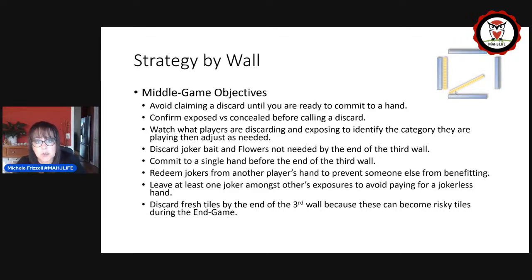So the timing is critical when it comes to fresh tiles. You've got to be able to switch your thinking, because those fresh tiles are going to be very risky to discard in the end game, which is the last wall. So do your best to not be left with fresh tiles after this third wall.